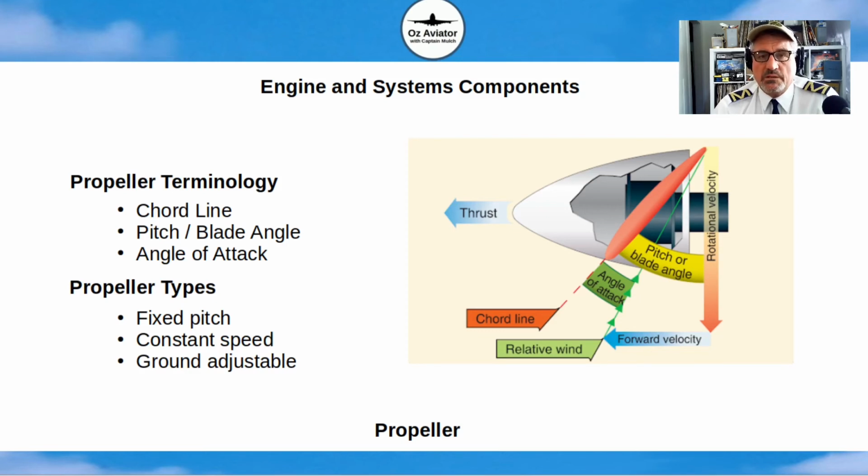But then you may be taking the aircraft out on a cross-country navigation exercise, where you want the propeller to be more efficient at a higher speed, and you can adjust the angle of the propeller blade to be more efficient at a higher speed. That's a ground adjustable propeller.